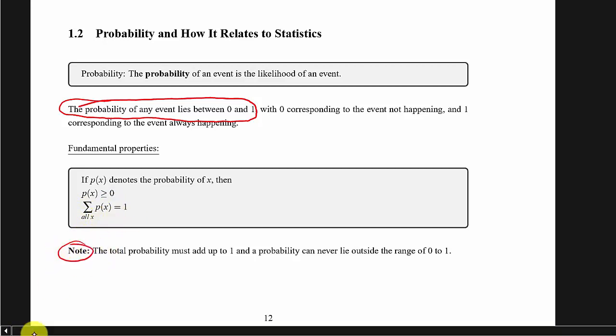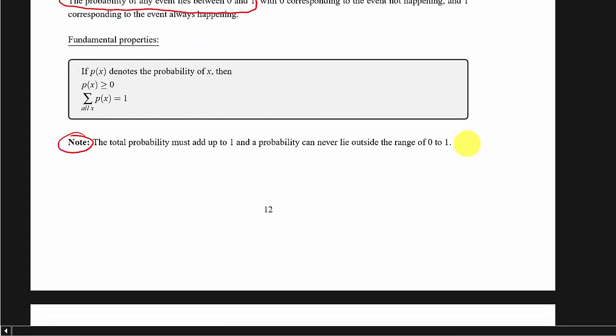The total probability must add up to 1, and probability can never lie outside the range of 0 to 1. So if you have a sample space and you're taking all the different probabilities, they're not ever going to be larger than 1. They're all going to add up to 1.